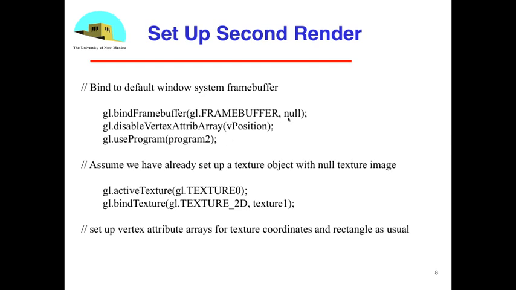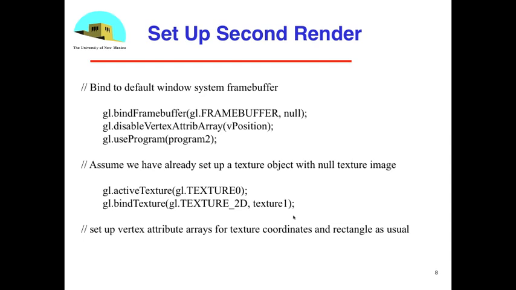So I get rid of that frame buffer I set up. I disable the vertex attribute array I was using. Now I'm going to use program 2. I'm going to set the active texture to be texture 0. That's basically the default. I'm going to bind that texture that I just created, and now I'm going to set up the attribute arrays for the texture coordinates and the rectangle as usual.